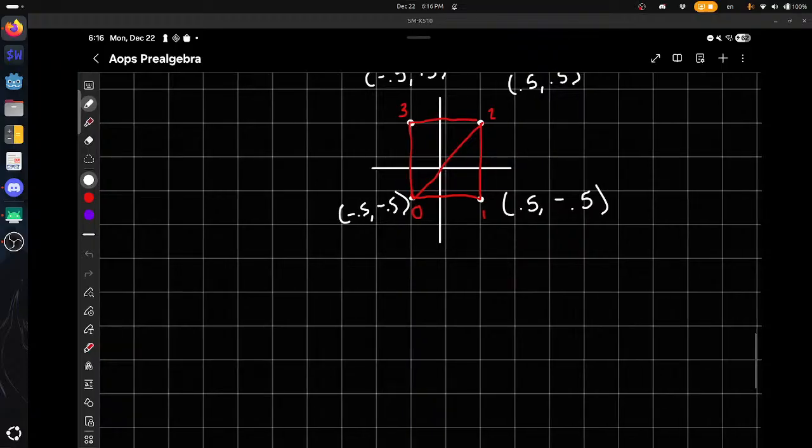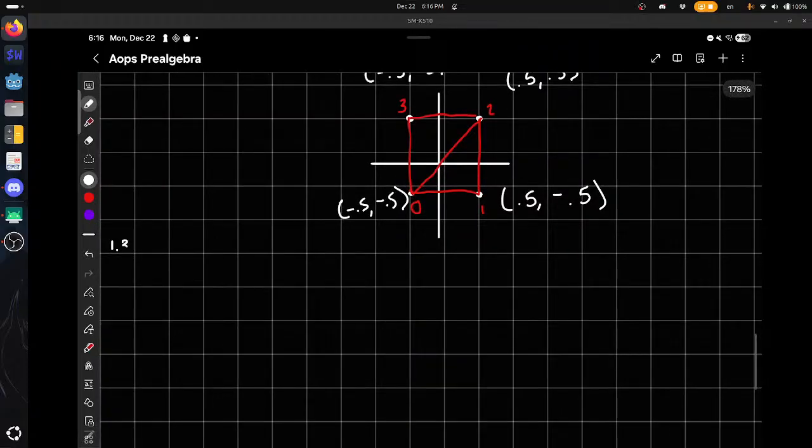So 1.3 multiplication. Okay, so the first problem. We're already doing problems. So from 0.7.